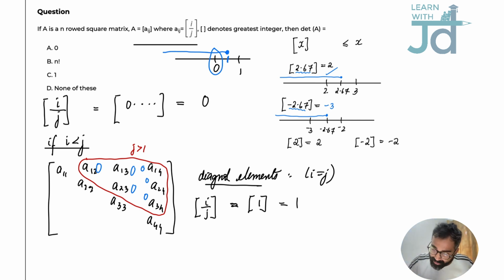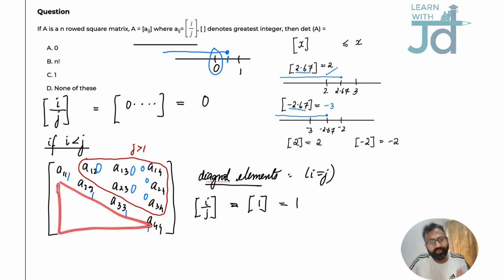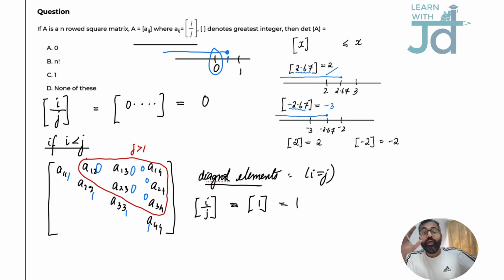So now all the diagonal elements are going to be 1, 1, 1, 1. And obviously the other elements will have values, maybe 1, maybe more than 1, maybe 2. That is not our concern. Now we have actually solved the problem, just with this data.